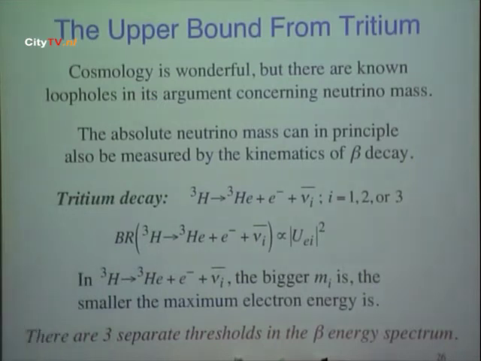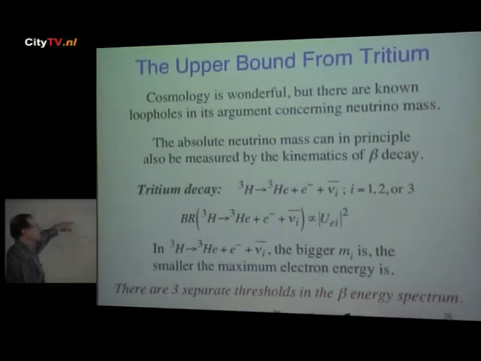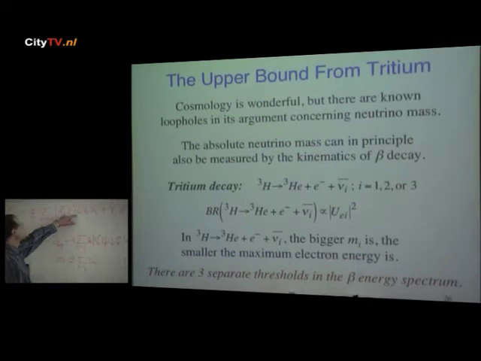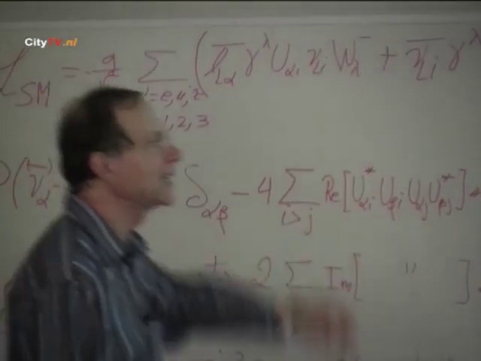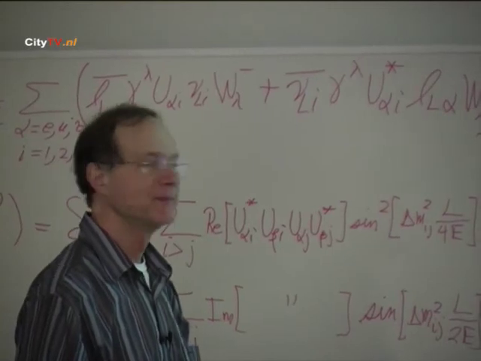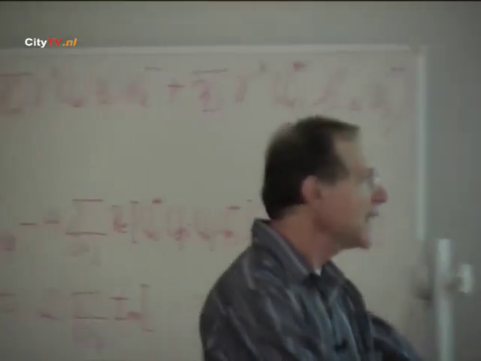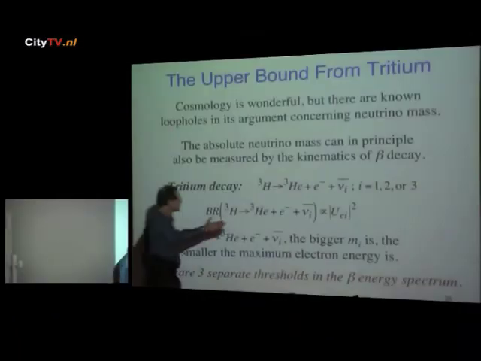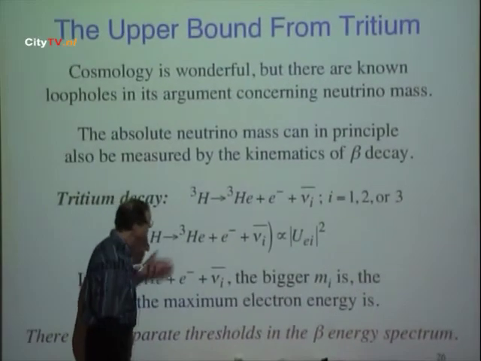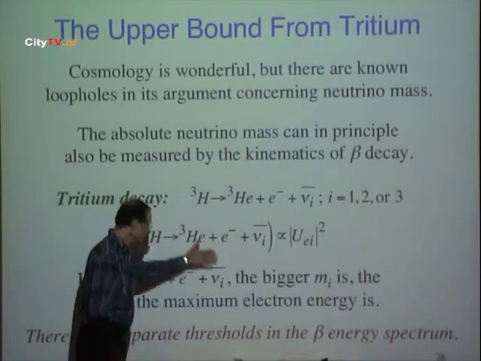In other words, from this Lagrangian, it is the square of UEI. So there are 3 different decay modes here, one of which produces nu1 bar, one produces nu2 bar, one produces nu3 bar.